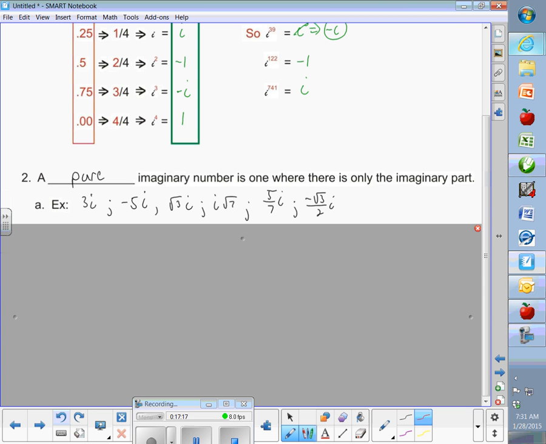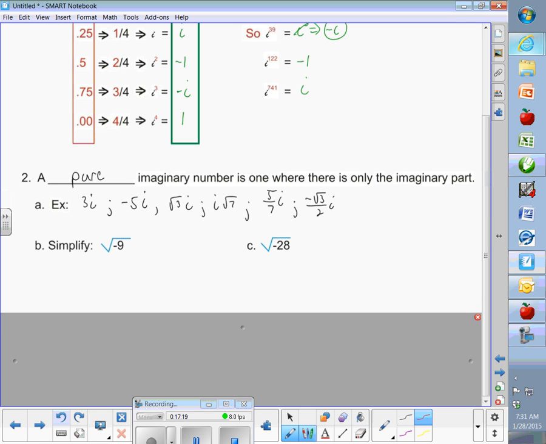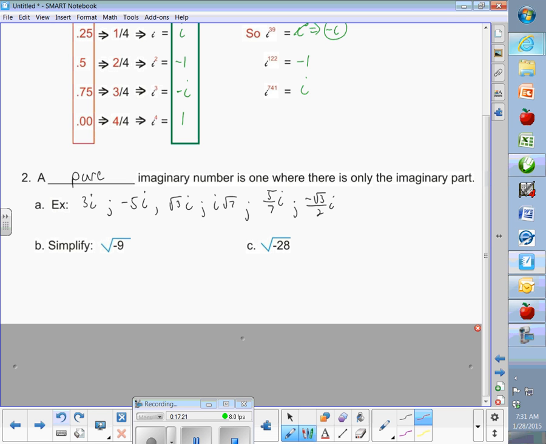Okay, let's do some simplification. These are pretty easy. We've got the square root of negative 9. If you want, you can break it up and think of it this way. The square root of negative 1 times the square root of 9. What's the square root of negative 1? It is i. What's the square root of 9?